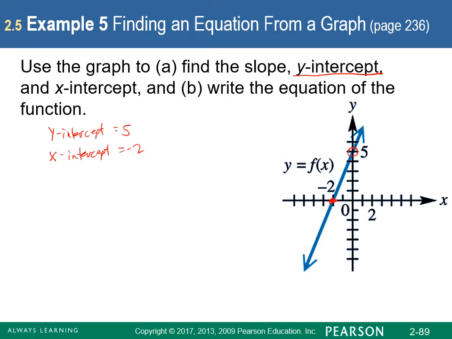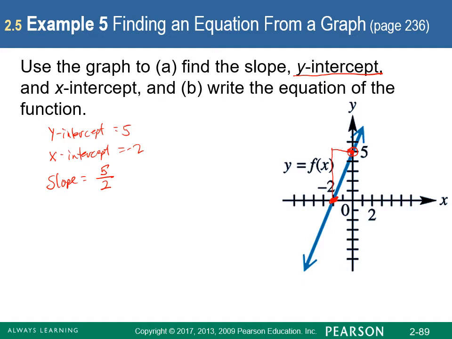Now the slope, if we go from this bottom point to this point, would be up 5 and to the right 2. Slope up 5 and to the right 2.